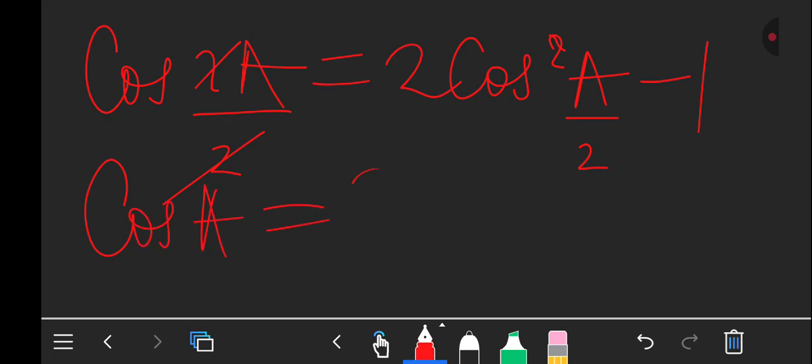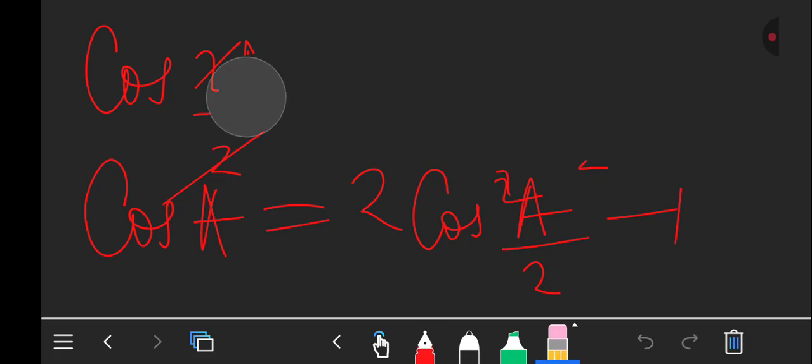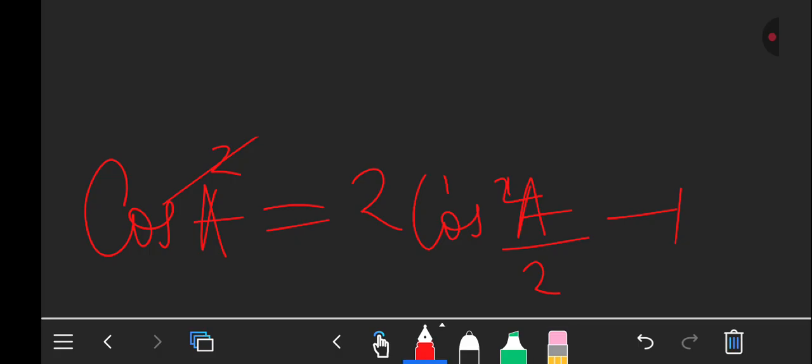Cos a will be equal to 2 cos squared a over 2 minus 1. What do we want to get? We want to get the half angle for cos. So we can now collect the like terms.